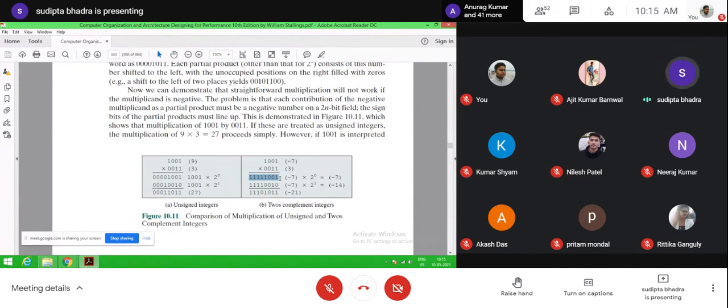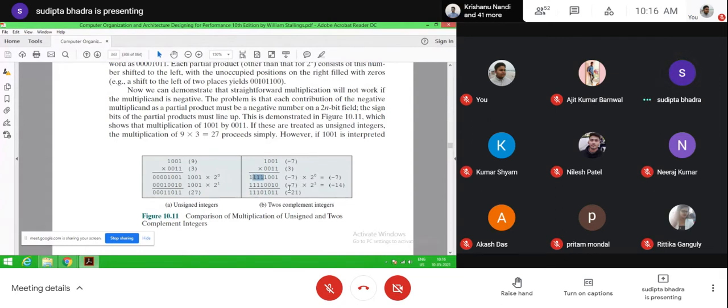Minus 7 into 1 gives minus 7, a negative number, so the MSB will be 1, and all the following bits after the multiplicand up to the MSB are filled up with ones.